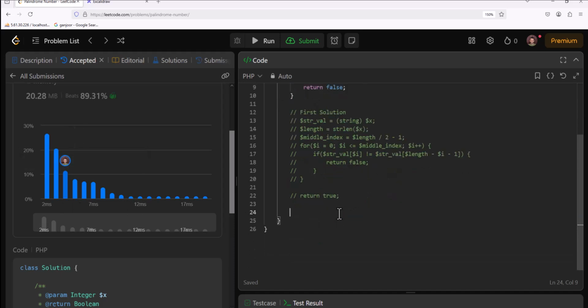Now check if we can solve this in another way.